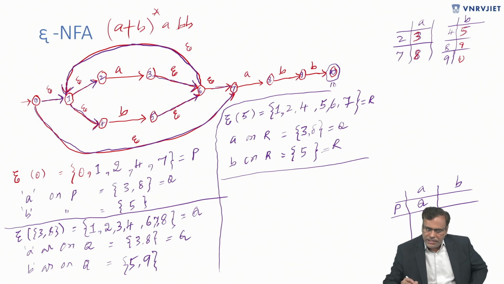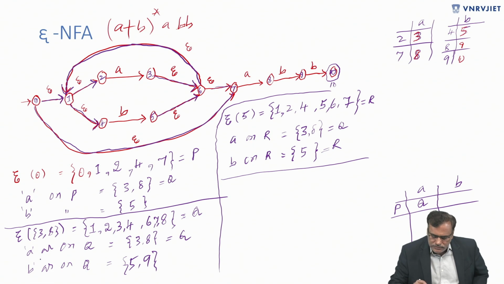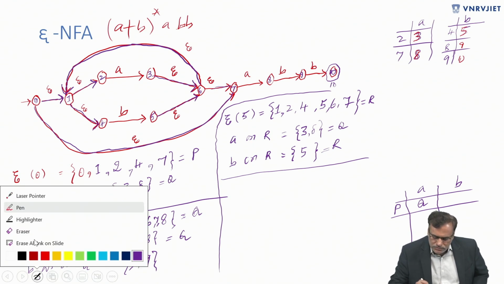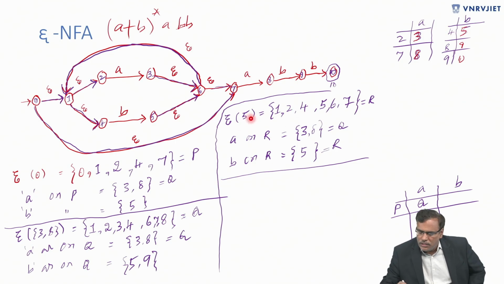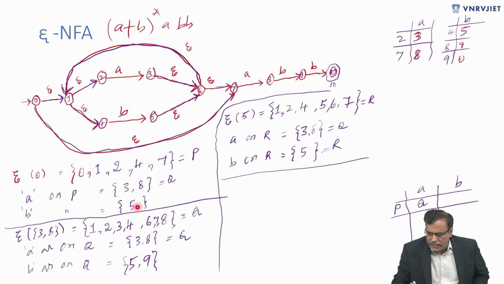So right now you have found the epsilon closure of 5. For that you have given the name what? The epsilon closure of 5 you have found, that is R. So here you have to write R itself.